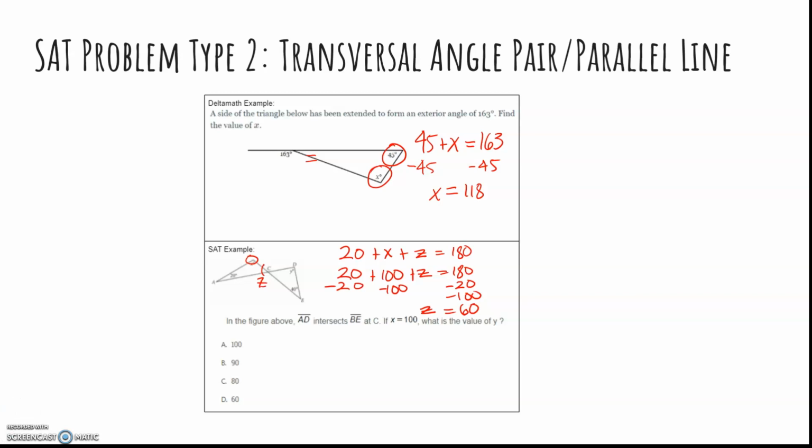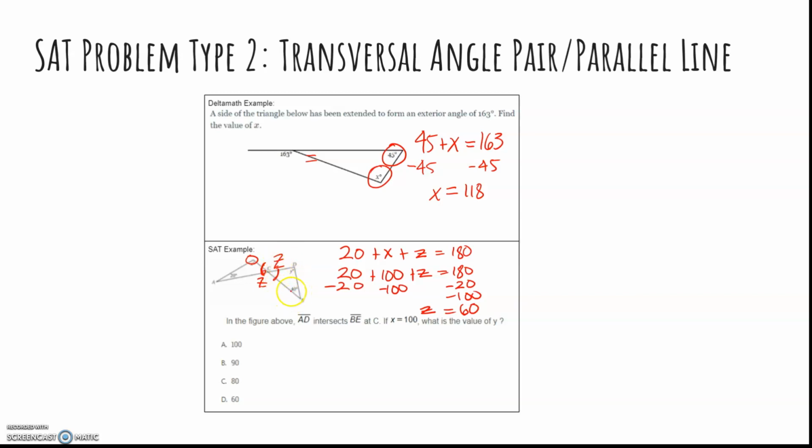Okay, that's good, but that didn't give us our answer. If you remember some of our angle pair relationships from last lesson, we know that these two angles are vertical pairs, which means they're congruent. So this is also equal to z, and z is 60.